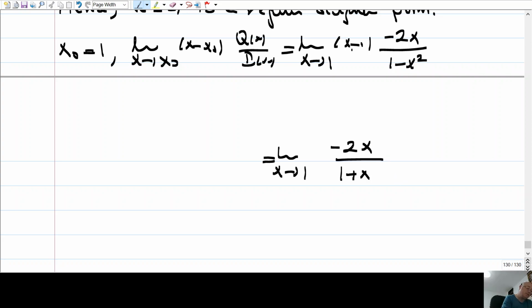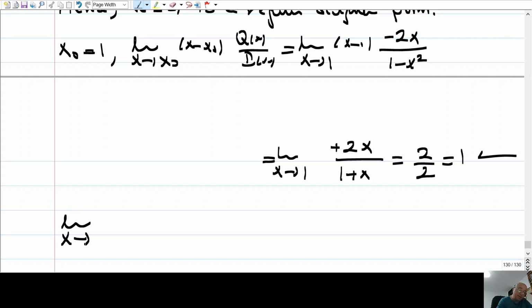But this is x minus 1, and here I have 1 minus x, so there's a minus sign. So we have this, and when you plug in 1, you get 2 over 2, which is 1. So this limit exists.